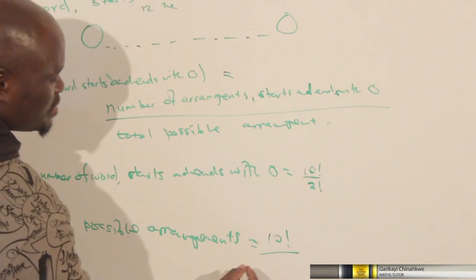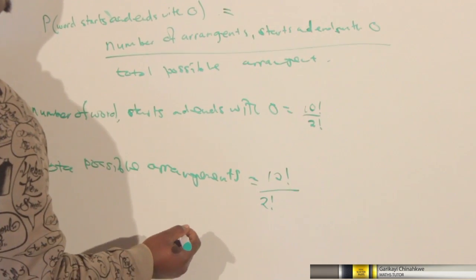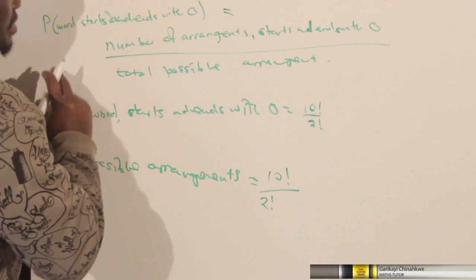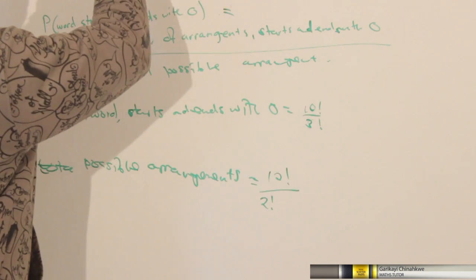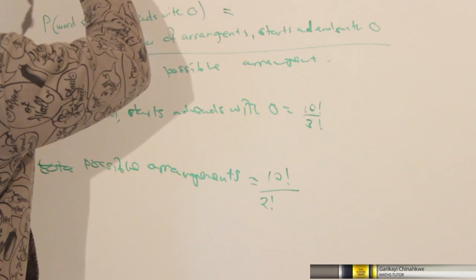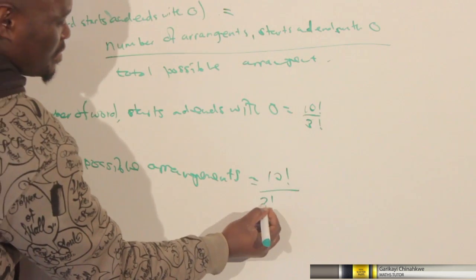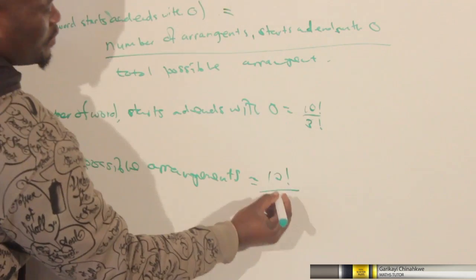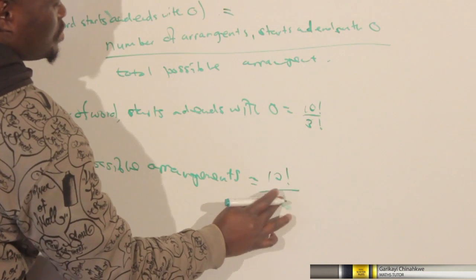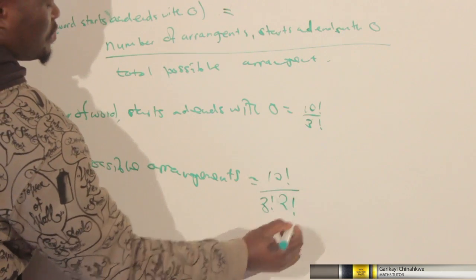We've got 3 P's, I just noticed, 1, 2, 3. So it's 3 factorial for 3 P's. And then we've got the O's: there are 2, so it's 2 factorial.